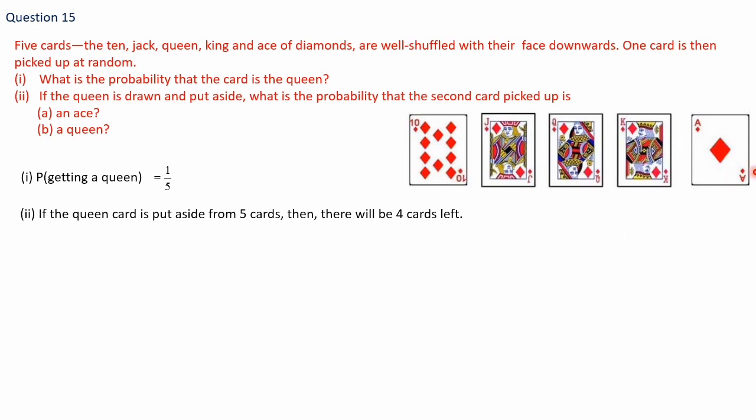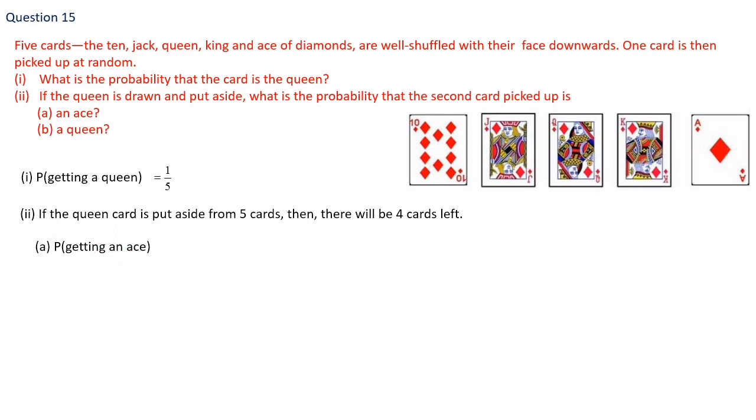And now there are only 4 cards. Queen is not there because you have taken that queen. So probability of getting an ace is, there are only 4 cards left because you have taken the queen in the first part and did not keep it back.